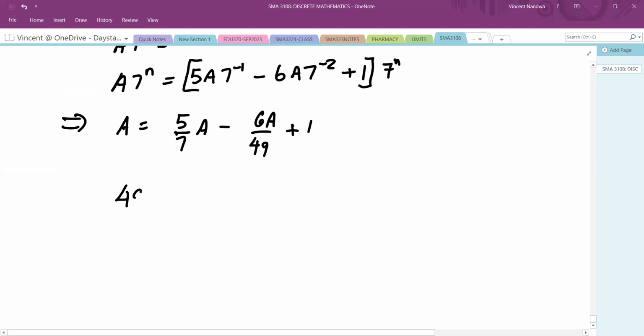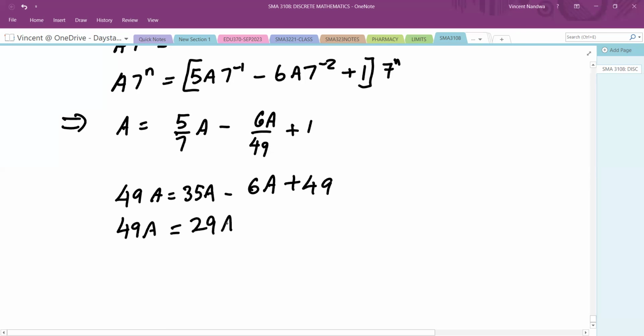So I'll have 49A equals 35A minus 6A plus 49. So 35 minus 6 is 29. So I'll have 49A equals 29A plus 49.